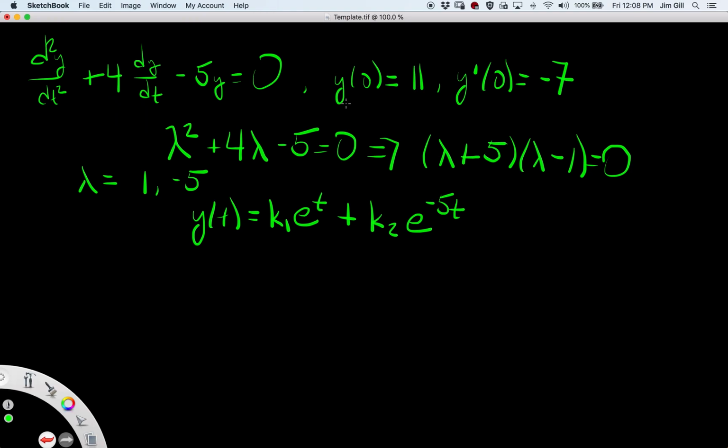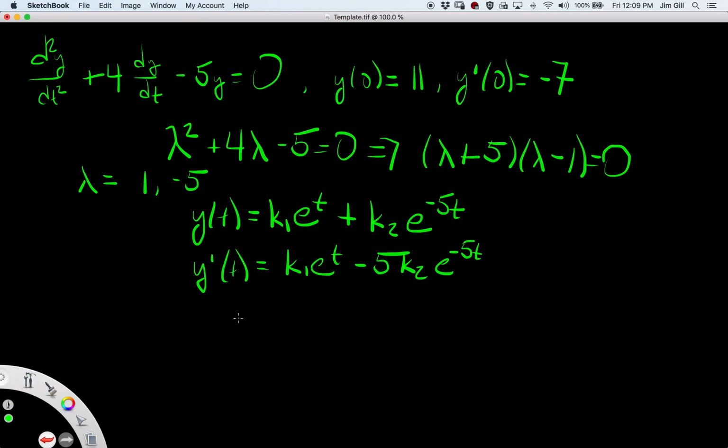We know that at time 0 we get 11, so that means that k1 plus k2 must be 11. But we also need to use this second condition, and to do that we need to take the derivative of y. So y prime is going to be k1 e to the t minus 5 k2 e to the minus 5t.